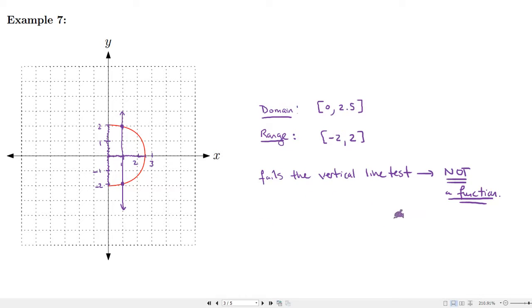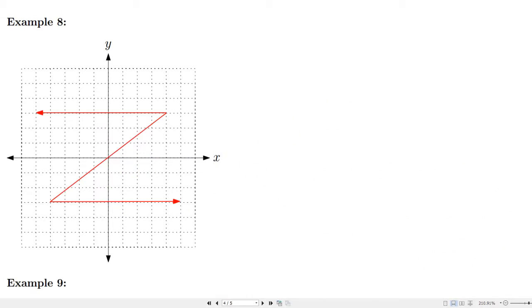So it also cannot possibly be a one-to-one function. When we were saying one-to-one, we were referring to a function, and if it's not a function, it can't possibly be one-to-one. So just be careful with that.